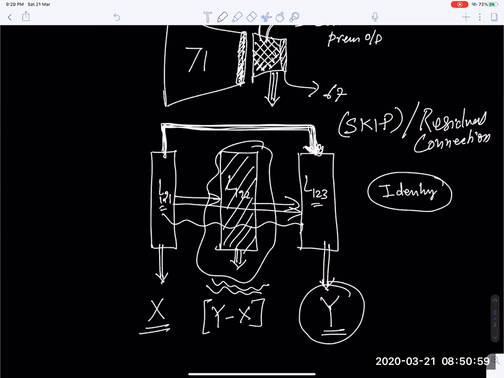If X is directly given, you need not learn X. So this layer has to learn something which is not Y, but Y minus X.